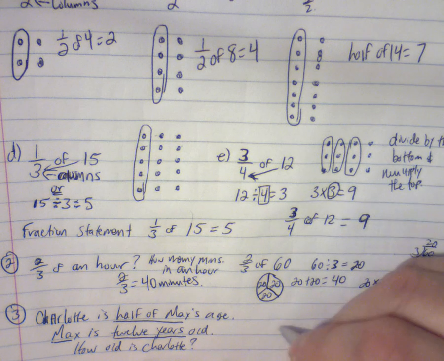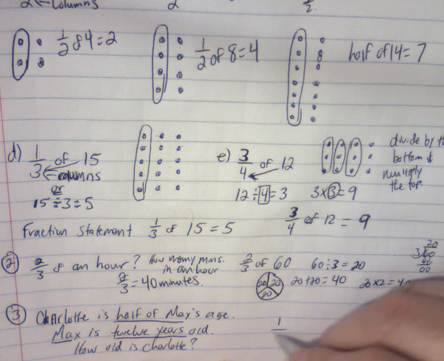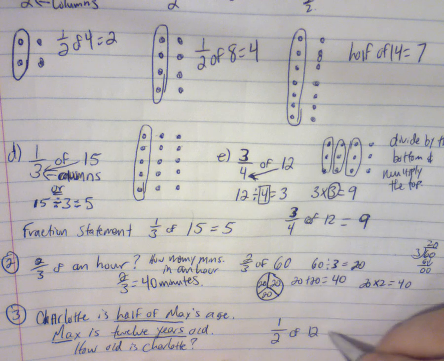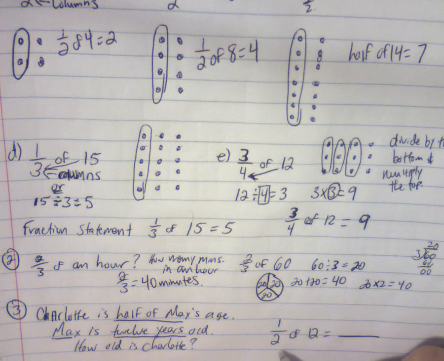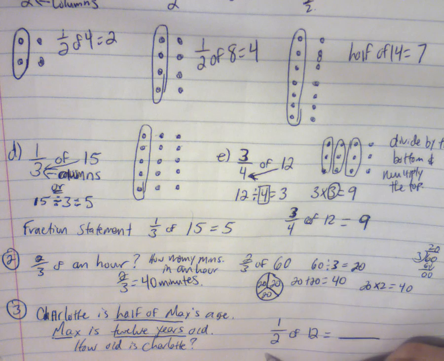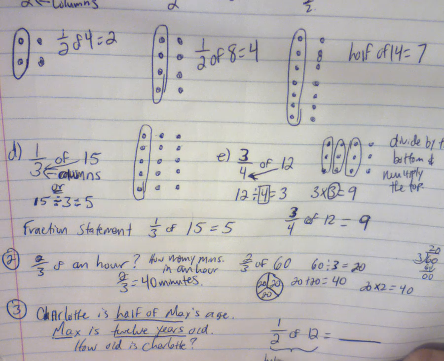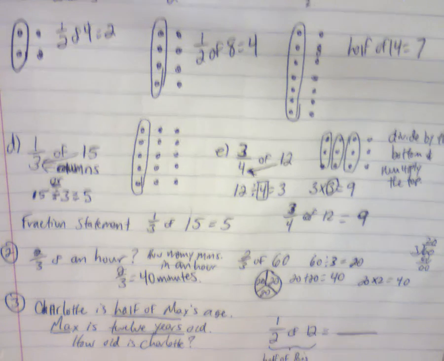So we know that 1/2 of 12 equals a blank, because this half right here is half of Max's age.